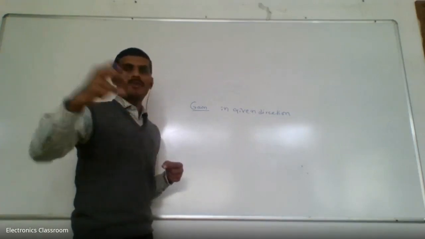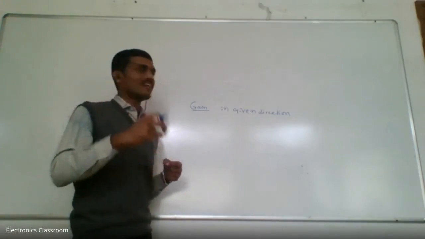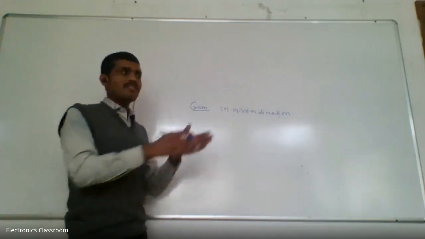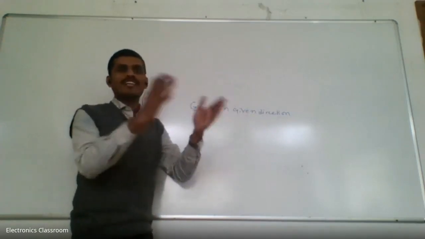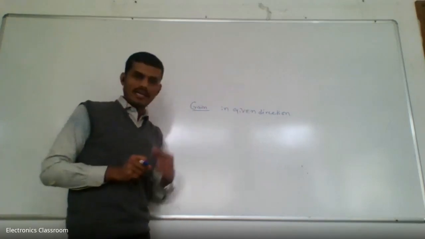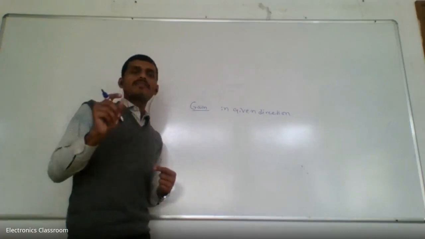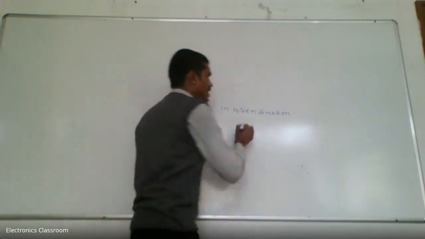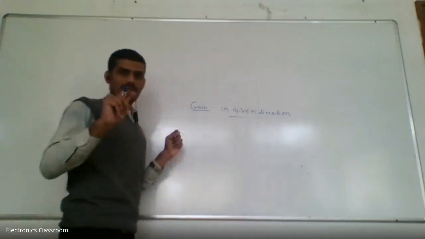Gain will be different when the direction of radiation is changed. That means with respect to the number of directions of radiation of the antenna, there are a number of gains. So the direction must be specified.